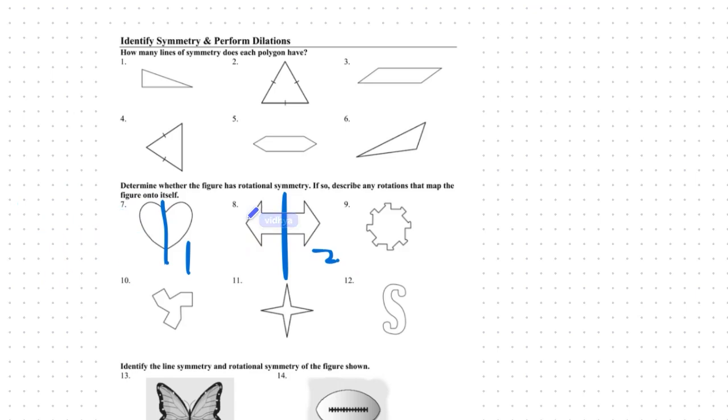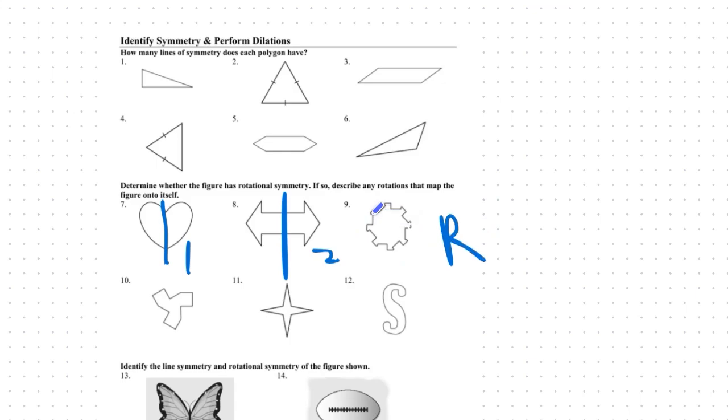Simple, right? Next, what about this? This is a bit tricky. Yeah, it has symmetry. These are the rotational symmetry questions. This has rotational symmetry. So I'm writing it here.